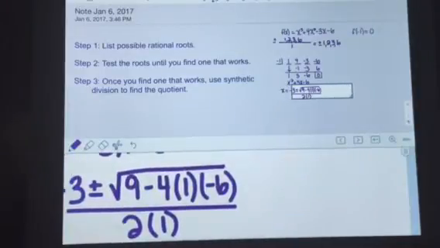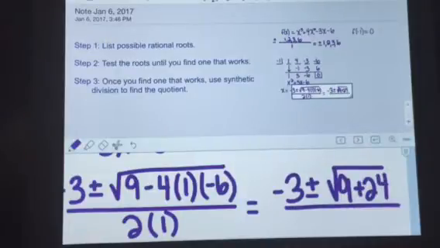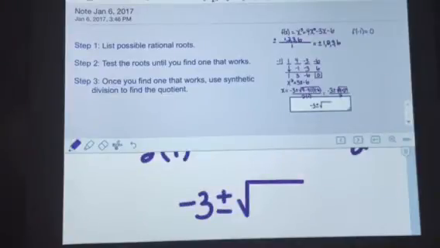Then we simplify that. So we get negative 3 plus or minus the square root of 9 plus 24 all over 2. We get negative 3 plus or minus the square root of 33 all over 2.